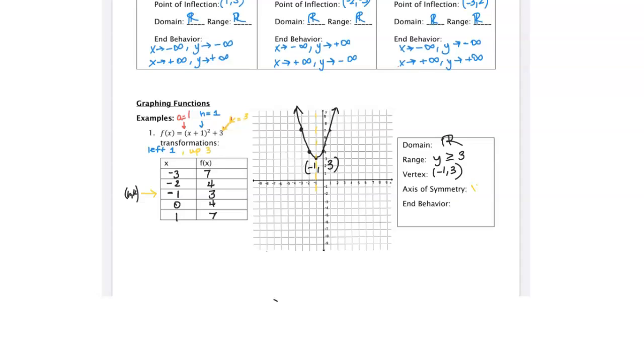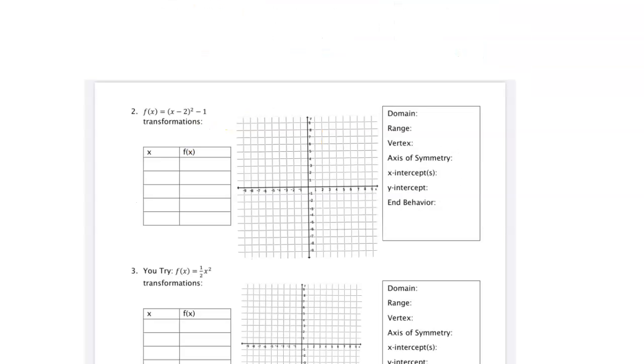So in this case it is x equals -1. And then you have your end behavior. As x goes towards the left, your graph is going up to positive infinity. As x goes towards the right, your graph is going up to positive infinity. And we're done with that problem.